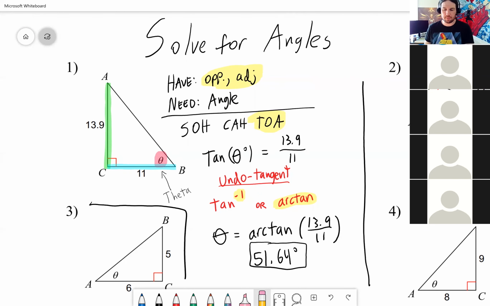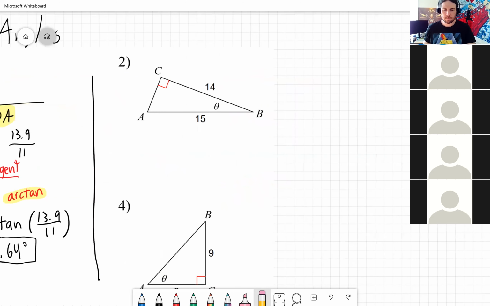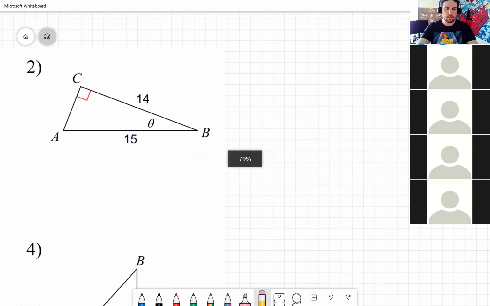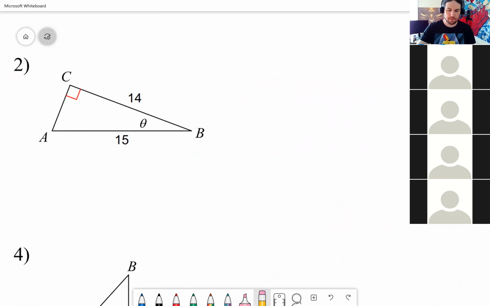Let's take a look at number 2. Okay, we've got our theta here in this small acute angle. And we've got a 14 and a 15.